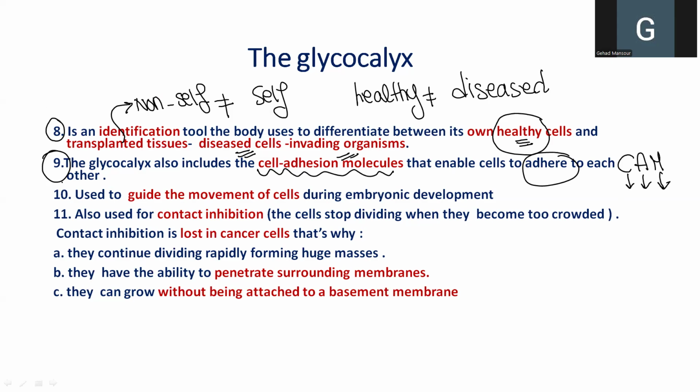A sixth function of the glycocalyx is to guide the movement of cells during embryonic development. Because as you know, we start as a solid mass of cells, but later on, if you study embryology in detail, which is a very interesting but challenging subject in medicine, you will see that these embryonic cells will be moving in different directions in order to make cavities, in order to make layers.